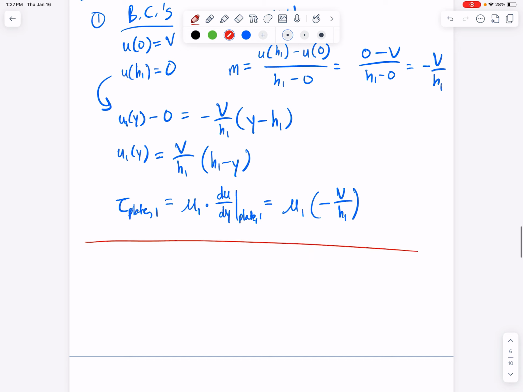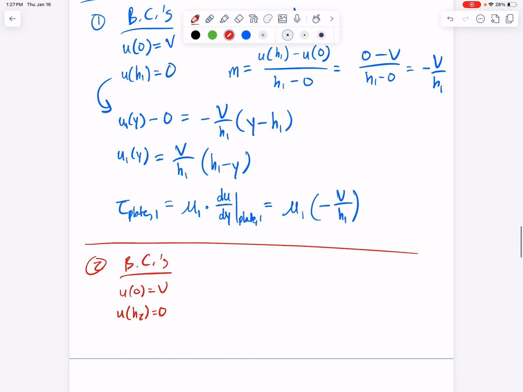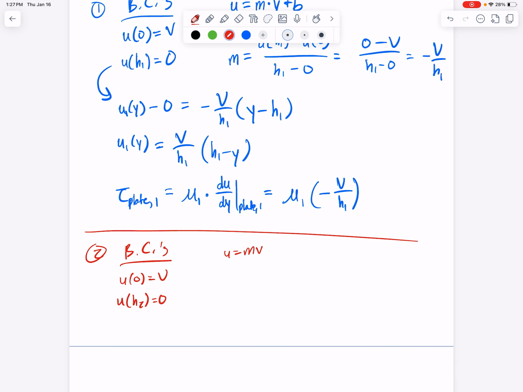Solving it is very similar to the top part, so let me go through it quickly. Boundary conditions: u at 0 is v, and once again this is with respect to our new coordinate system, and u at h2 is 0. Linear profile, solve for slope. Sorry, I got it backwards.